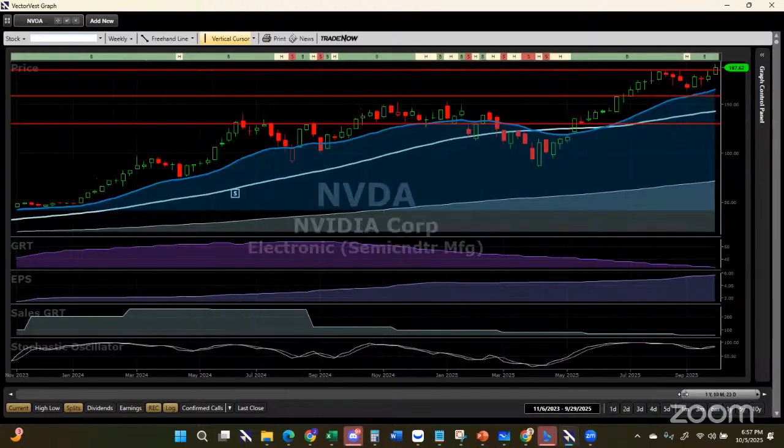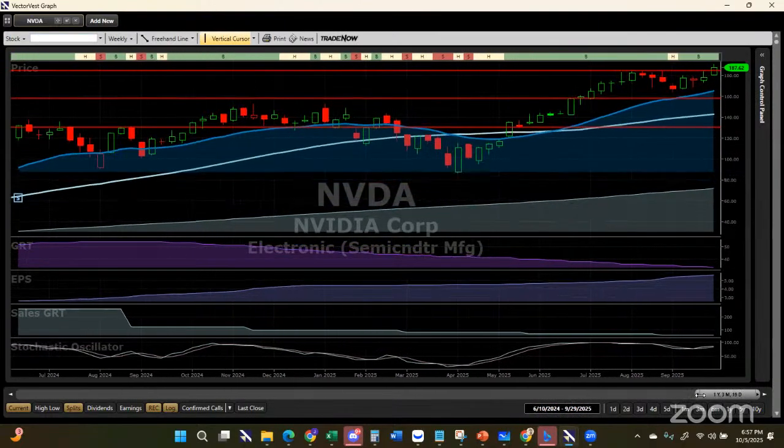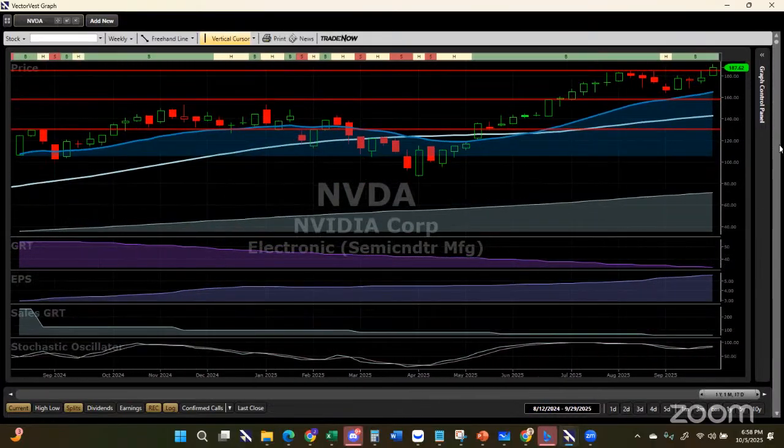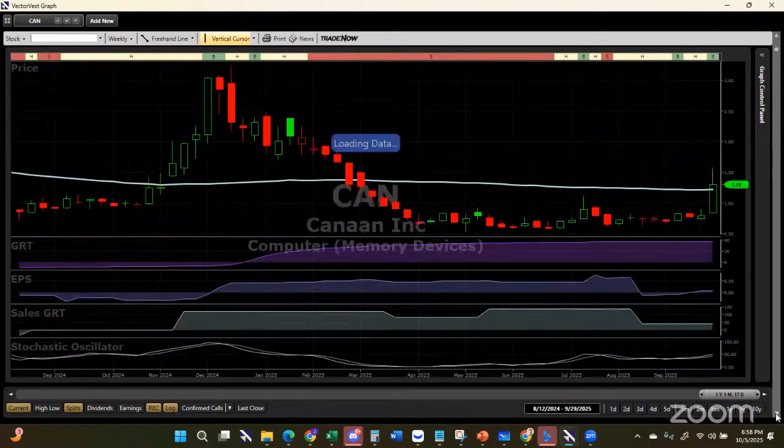So first up is Nvidia. I'm going to quickly cover this. Nvidia had a weekly breakout. You can see the last week candle going above there was a resistance at 185, crossed above that. Strong fundamentals. We all know what NVIDIA is, right?